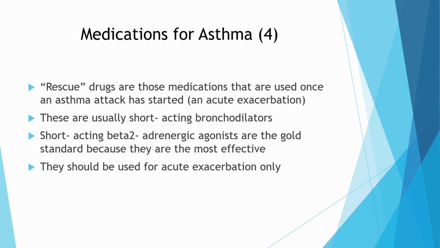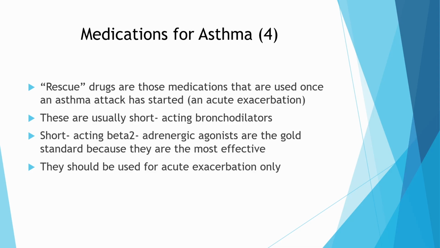So rescue drugs are those medications that are used once an asthma attack has started, and we can call this an acute exacerbation. These are usually short-acting bronchodilators. They're going to work very quickly to open up my chest.